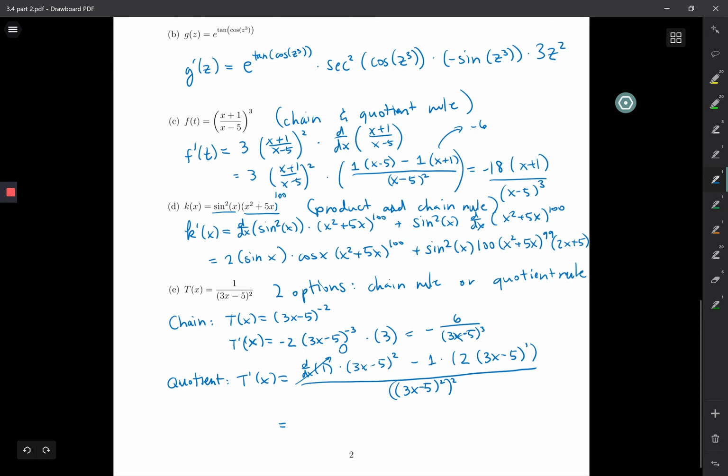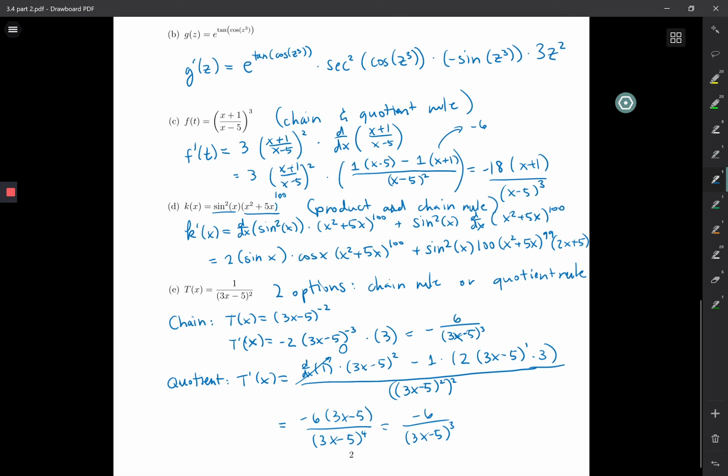And I forgot the second part of my chain rule. So we did the derivative of the outside function and didn't do the derivative of the inside function. That's just 3, right? Okay, so what we'll get when we simplify now is negative 6 times (3x minus 5) over (3x minus 5) to the 4th, and then that simplifies to the same thing that we got before, so (3x minus 5) cubed.